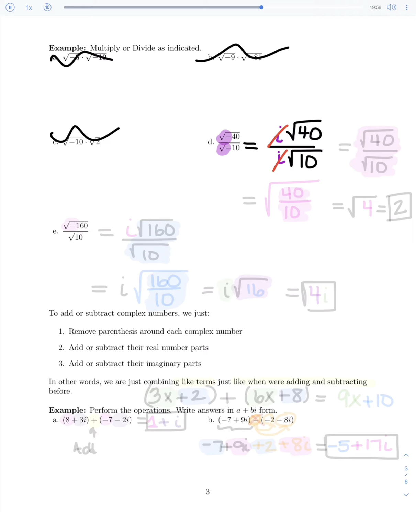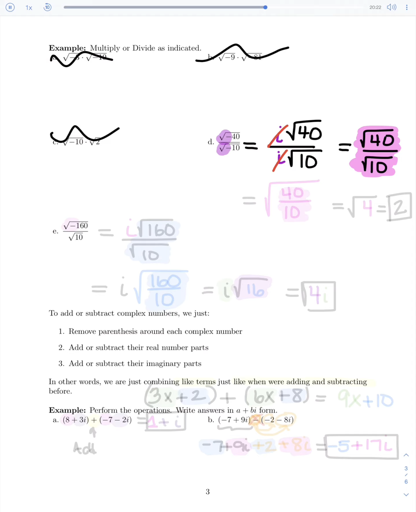Now, we've got the square root of 40 over the square root of 10. Well, we have two separate square roots. Remember, we can pull square roots apart, or we can put them together. What we'd like to do this time is actually put them together. So instead of doing two individual roots, let's put them as one big root.